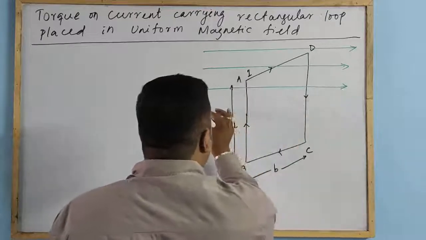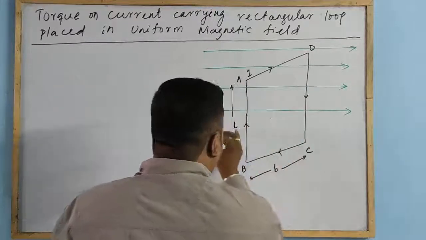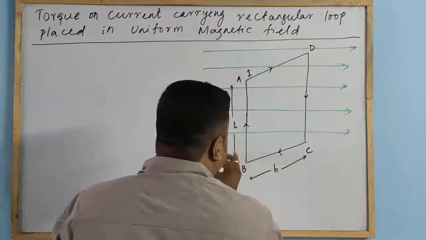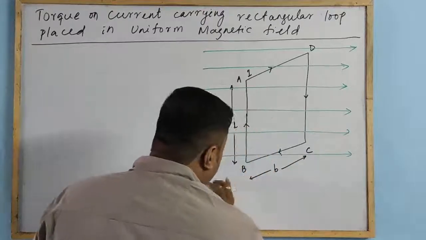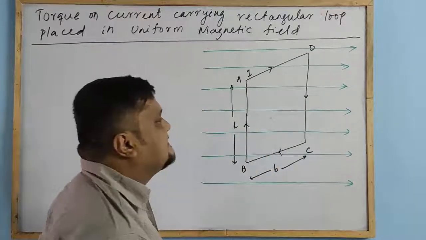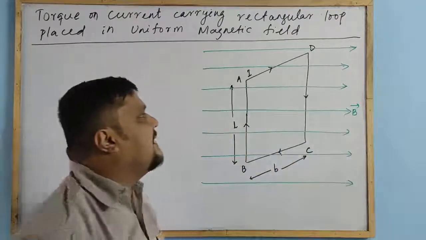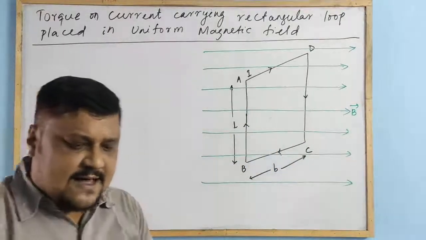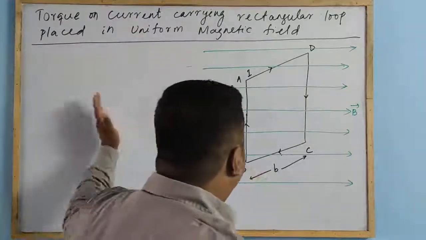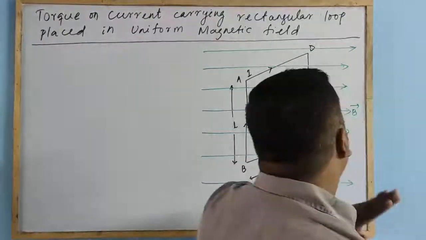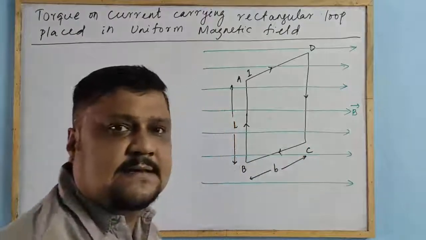Uniform means equispaced parallel lines. So let this be the magnetic field B, uniform magnetic field B. The magnetic field is from left to right, and the loop is placed like this.